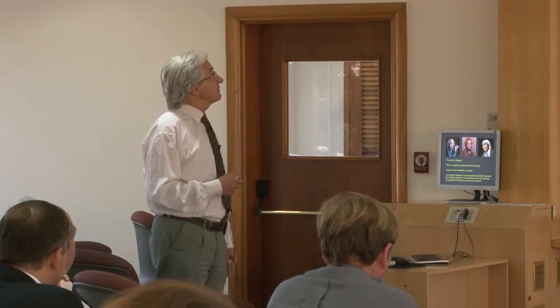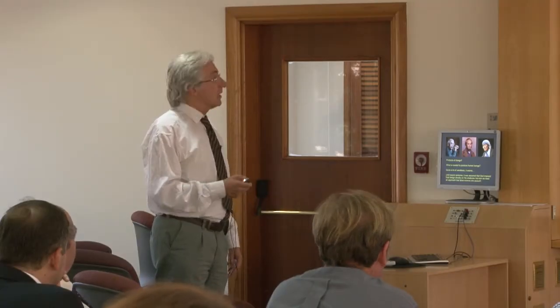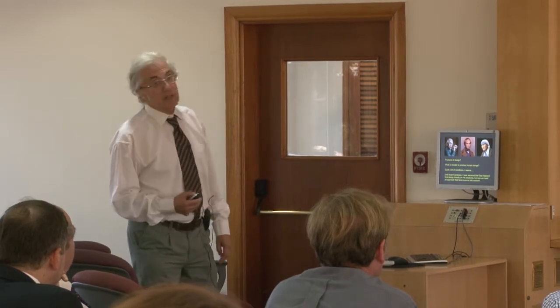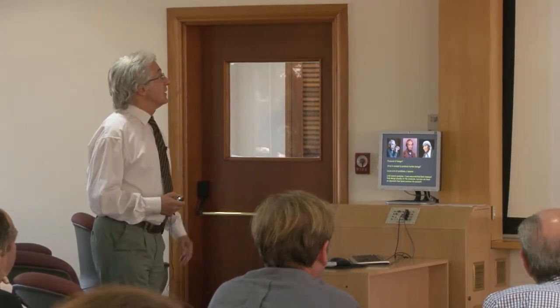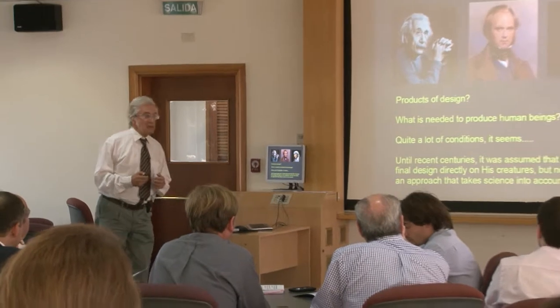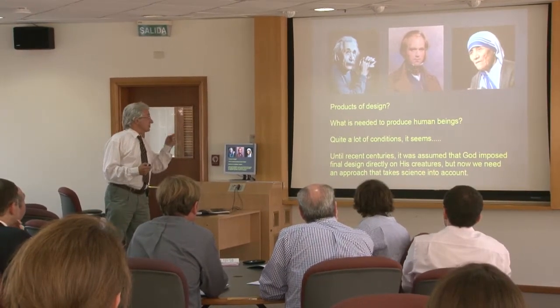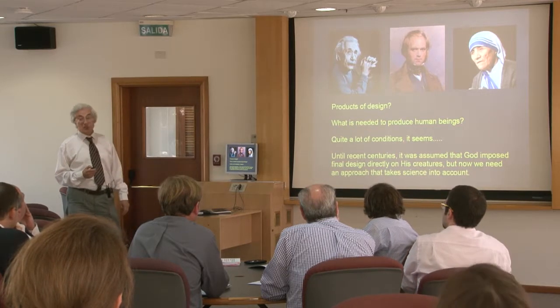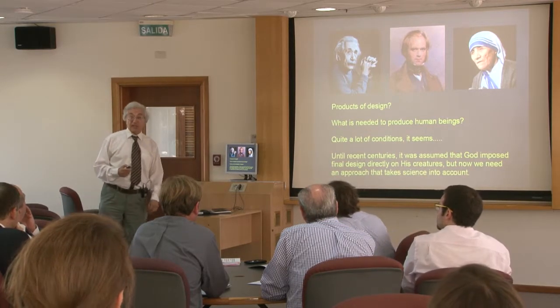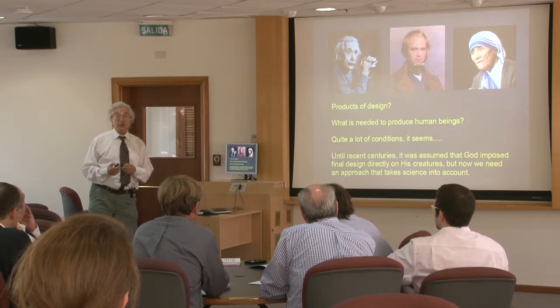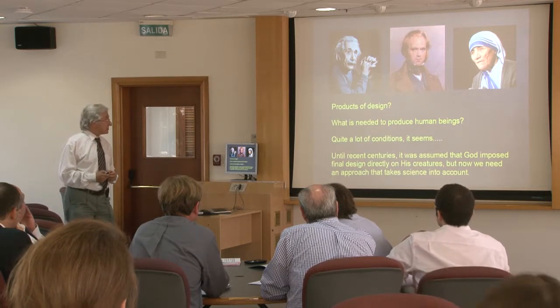You recognize the first one and the third one. The middle one is the young Charles Darwin, just three famous people. Now, what is actually needed to have a universe that will give human beings? And we shall see that quite a lot of conditions are needed, and that it's quite surprising, perhaps, that the universe shows these conditions.